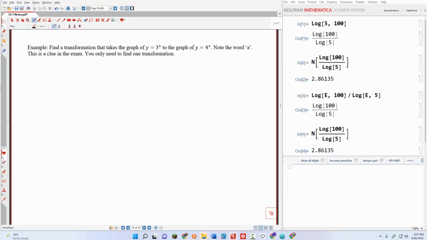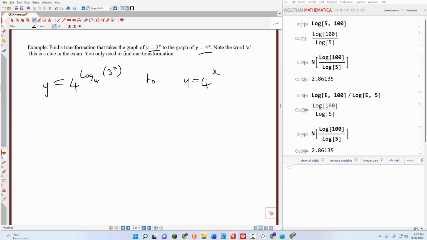Okay, find a transformation that takes this to this. Okay, so what we want is, instead of base 3, we want this to base 4. So we're going to write this down as y equals 4 log 4 3 to the x, and we want to go to y equals log 4 to the x.